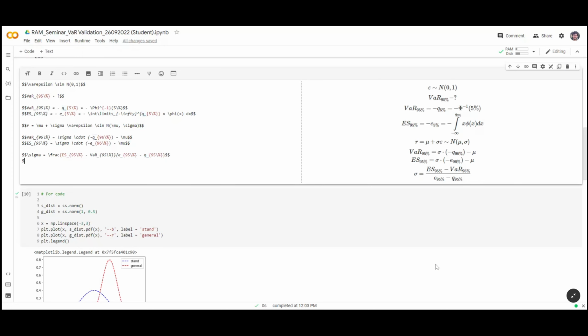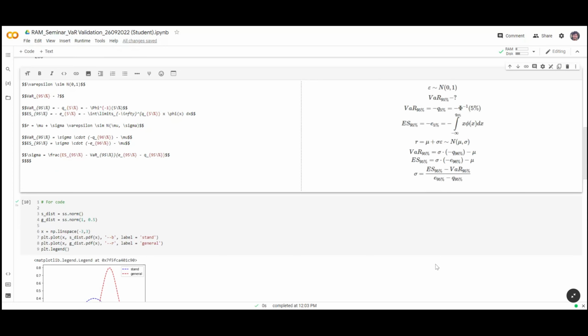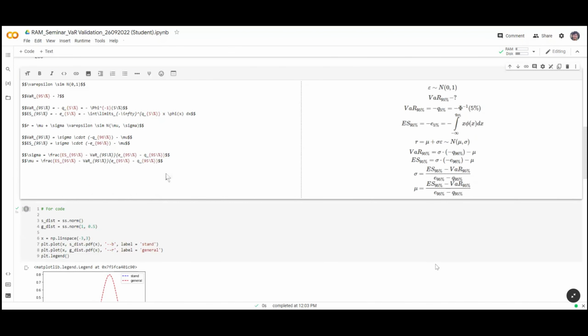And it's very easy to see that mu from this equation is going to be just, for example, sigma times, for example, minus Q 95% minus value at risk.